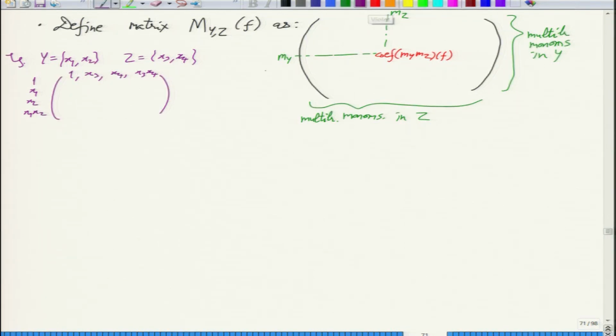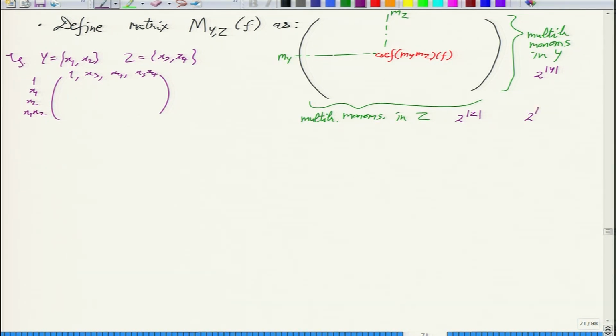So it is not really dependent on the degree; it just uses everything. You have 2 raised to the size of Y many rows and 2 raised to the size of Z many columns. So overall, you have 2 raised to Y plus Z many. I was confused because Y was representing general partitions.